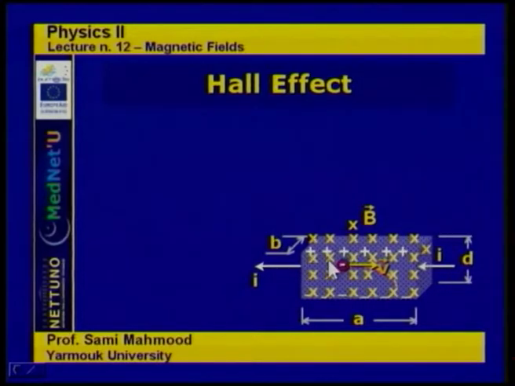That means the electrons are drifting towards the right, I mean. The direction of the movement of the electrons is opposite to the direction of the conventional current. And let's assume that a magnetic field that points into the page is applied to the strip.